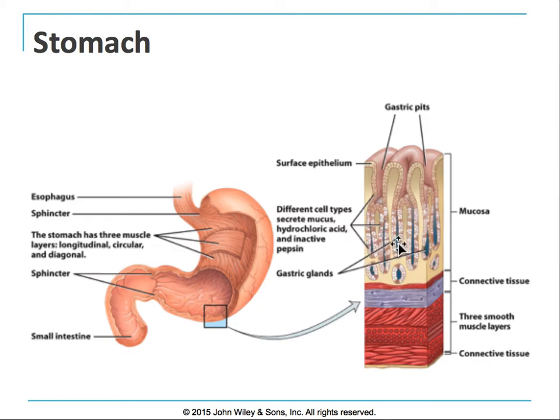These are all responsible for those secretions that we talked about. So deep in these gastric pits are the sites that work to spit out mucus, hydrochloric acid, and pepsin, right? Then when we go deeper into the lining of the stomach, underneath all those cells and gastric pits, that's where we have the 3 different muscle layers, okay?